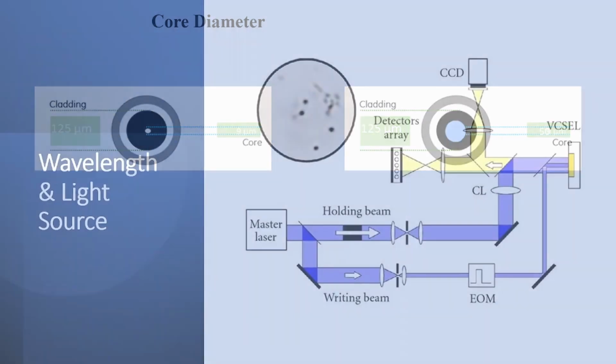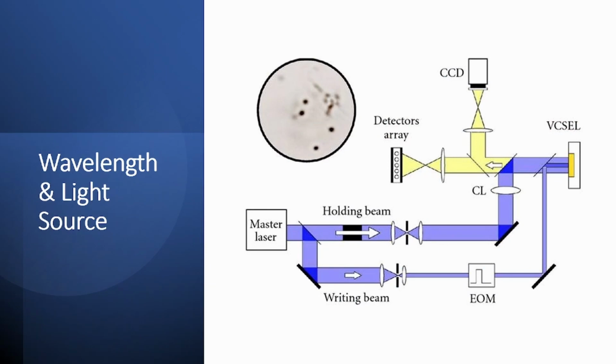Now let's go to the difference in wavelengths and light source, another component of difference between single mode and multimode fibers. Due to the larger core size of multimode fiber, some low-cost light sources like LEDs or light emitting diodes and VCSELs or vertical cavity surface emitting lasers that work at the 850 nanometer and 1300 nanometer wavelengths are used in multimode fiber cables, while single mode fiber often uses a laser or laser diodes to produce light injected into the cable.